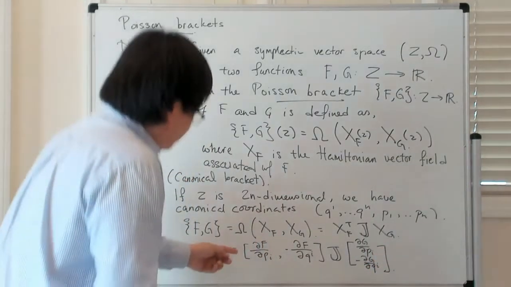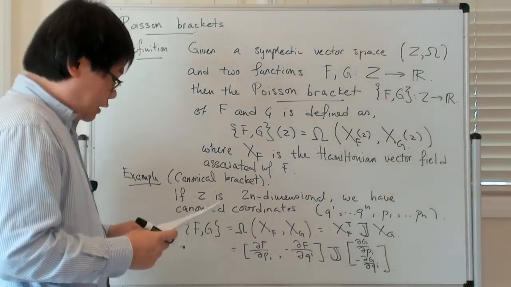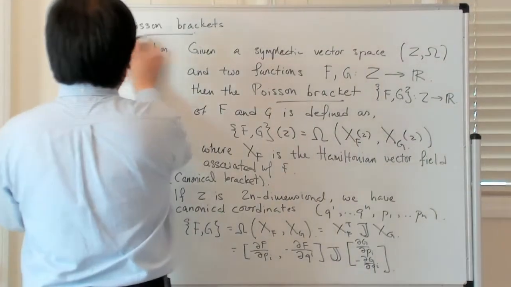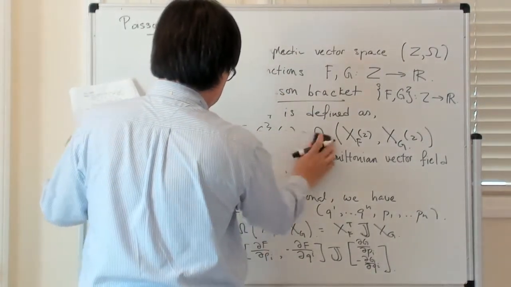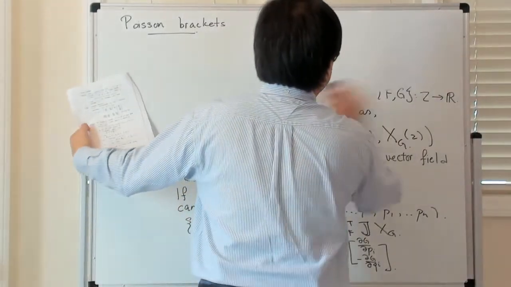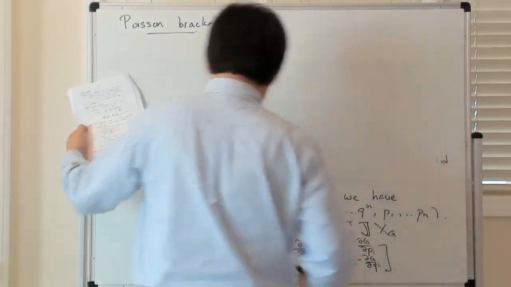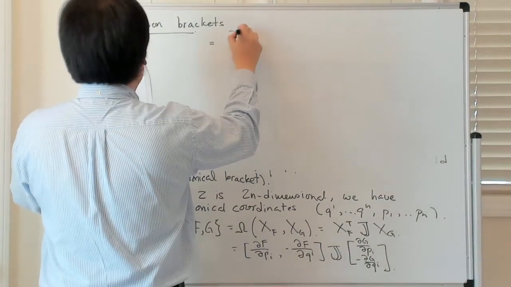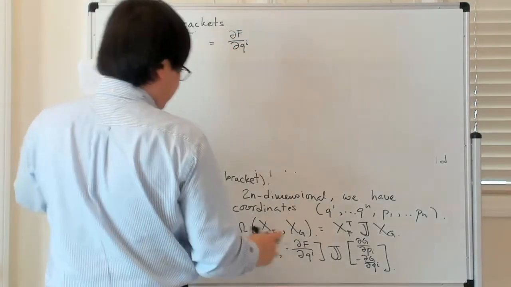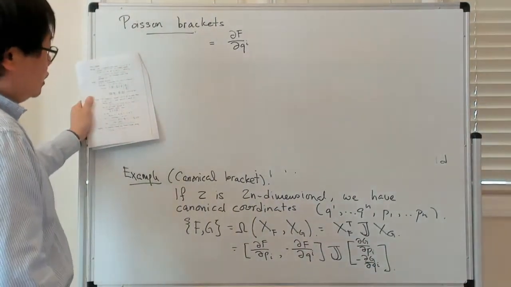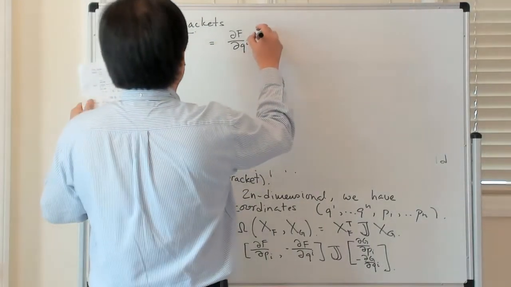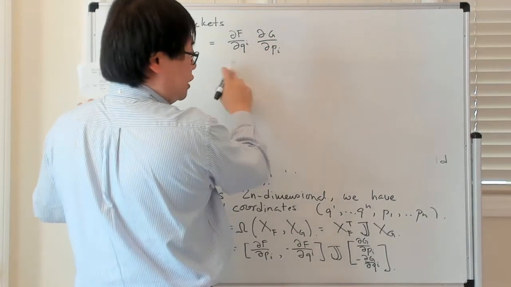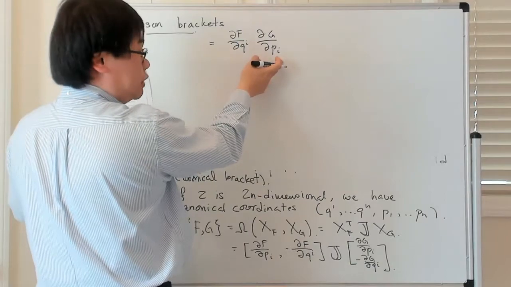So this is more or less what this scalar valued function looks like, and I can simplify it a bit more. So that is equal to ∂f/∂qi, and I'm just multiplying out what that quantity becomes, ∂g/∂pi, and there's this implicit summation over repeated indices with raised and lower indices.